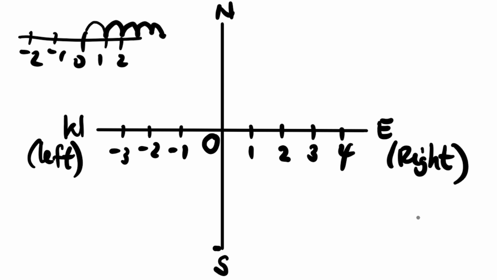Then we have another straight line, the top and down direction, which shows whether you go up or down. Up or down is another direction again. If you go up, those become positive steps, 3, 4, and you can continue.